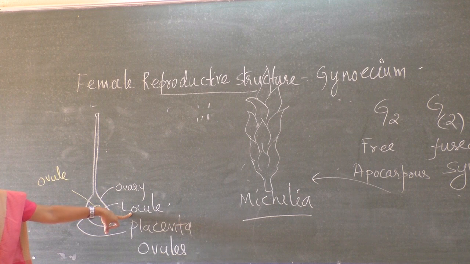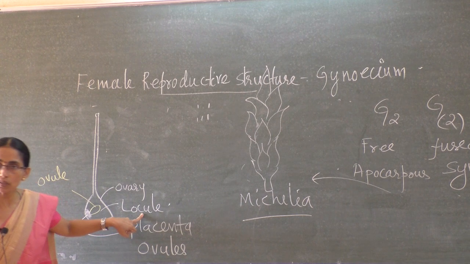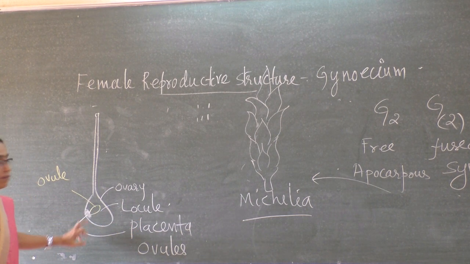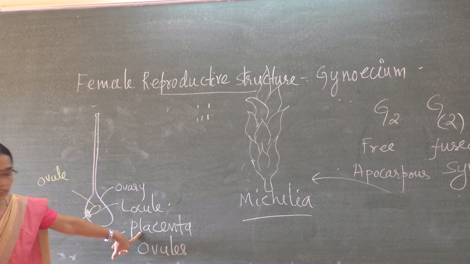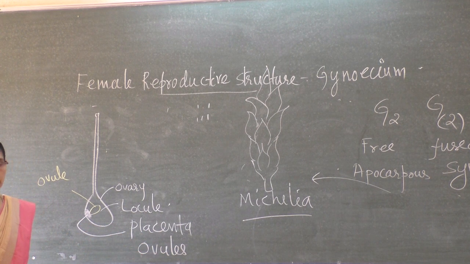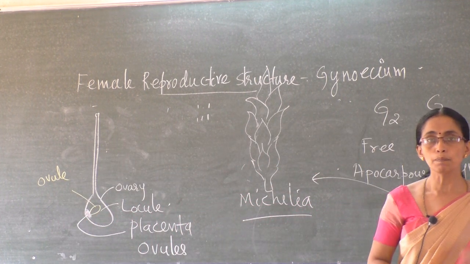Depending upon that, ovaries are named as monolocular, bilocular, trilocular. Each chamber has a ridge or mass of tissue on its inner side known as placenta, from where the ovules arise.